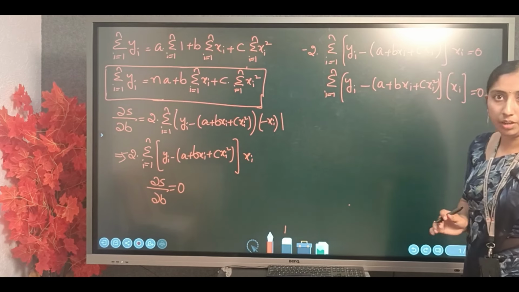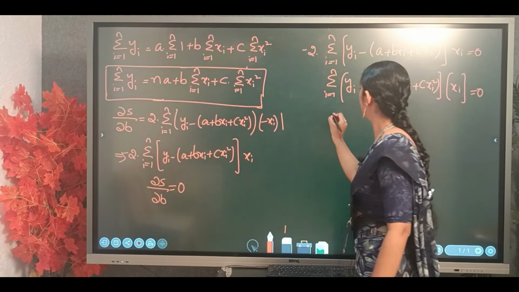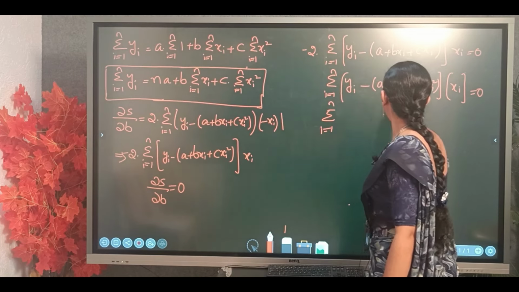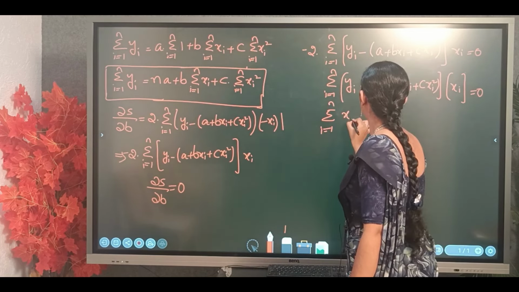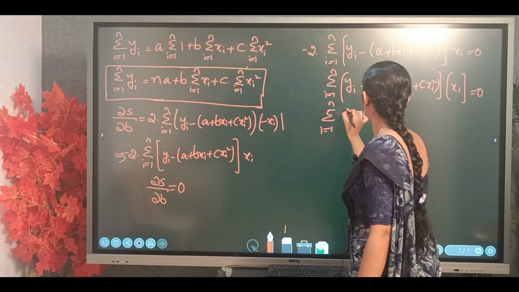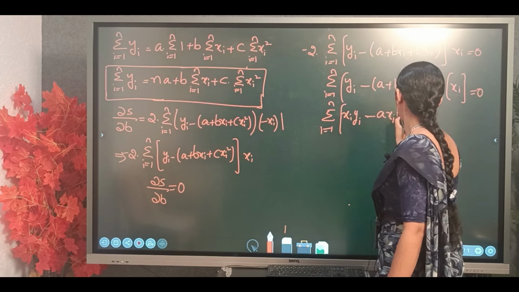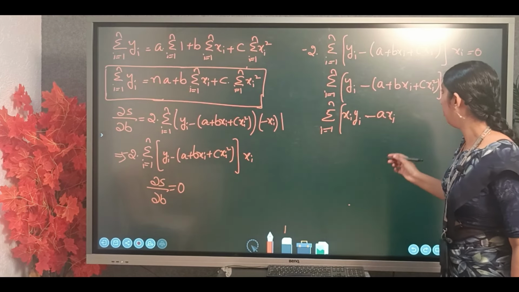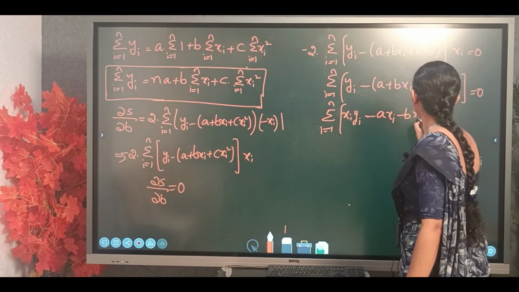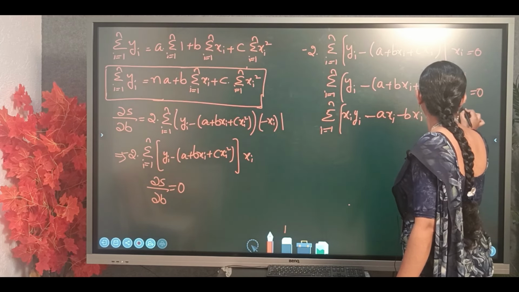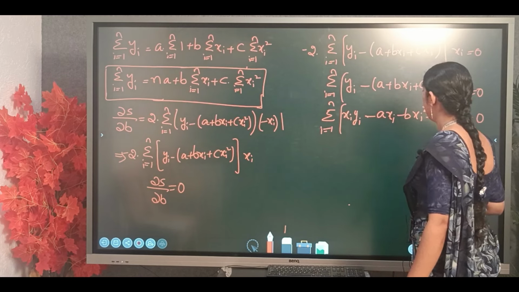Now we are multiplying with xi. What will we get? Summation i equal to 1 to n yi into xi, nothing but xi yi, and again minus a into xi, minus into plus, minus b xi square, and here minus c xi cube is equal to 0.